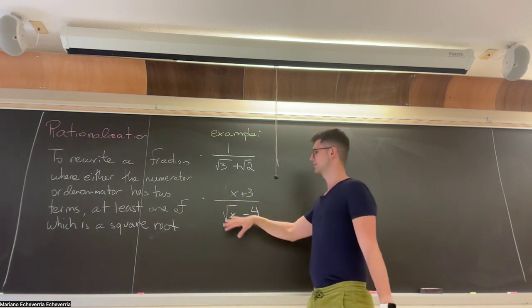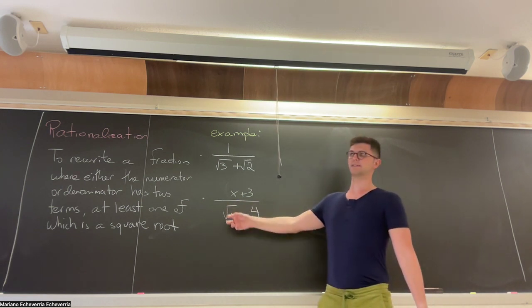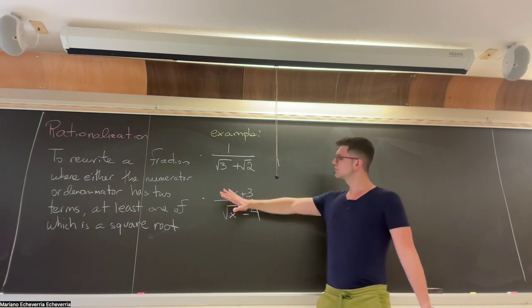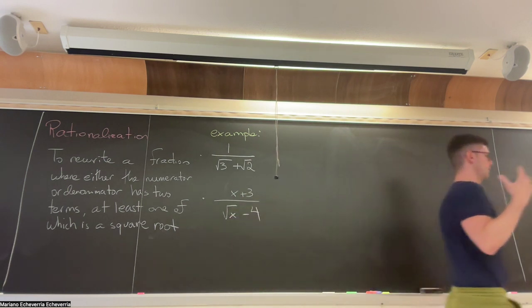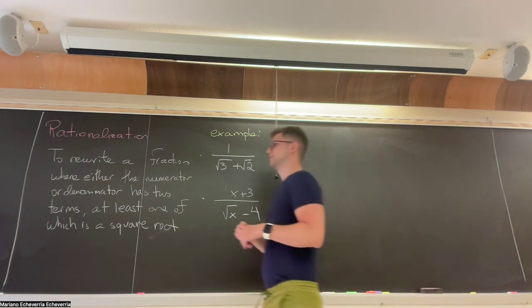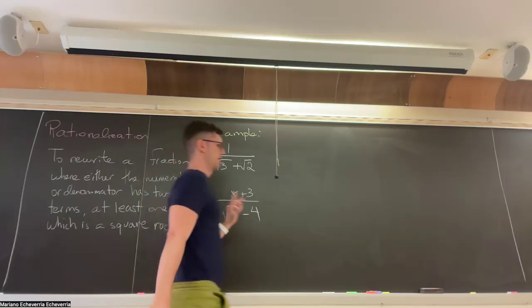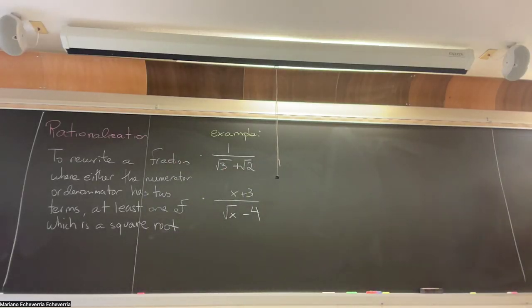It has two terms, but at least one of these two terms involves the square root, the root of x in this case. So again, there's nothing wrong with this expression, but there are occasions where it is convenient to rewrite it in a certain way to understand a bit better what's going on. I'll tell you in a second how it is supposed to look.